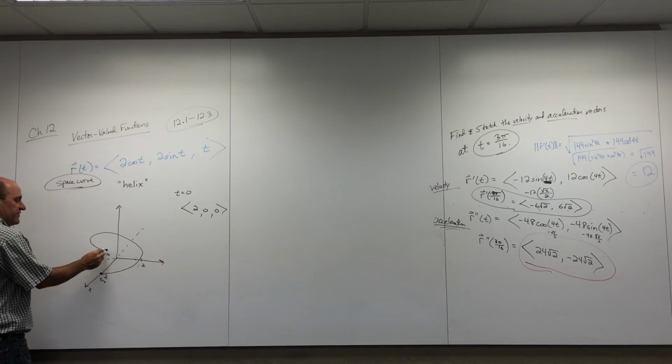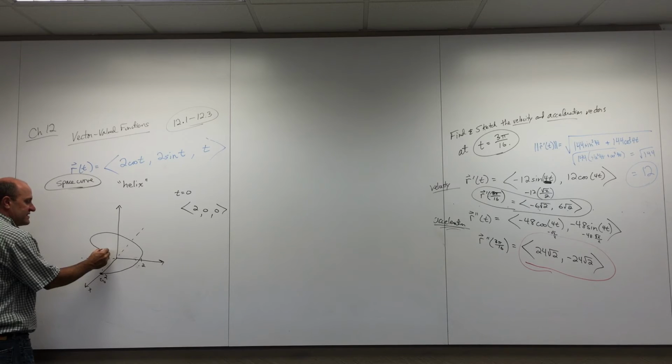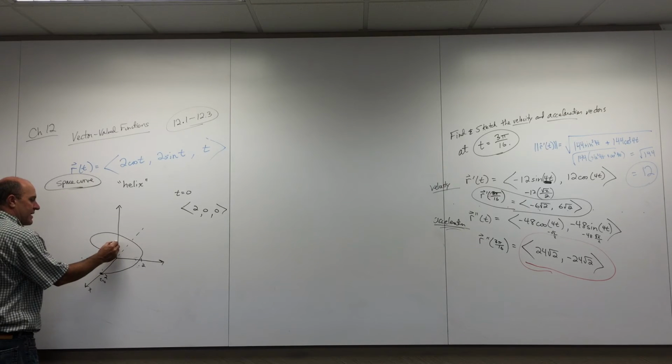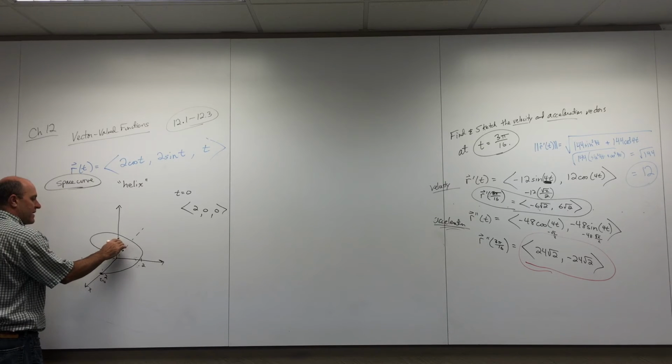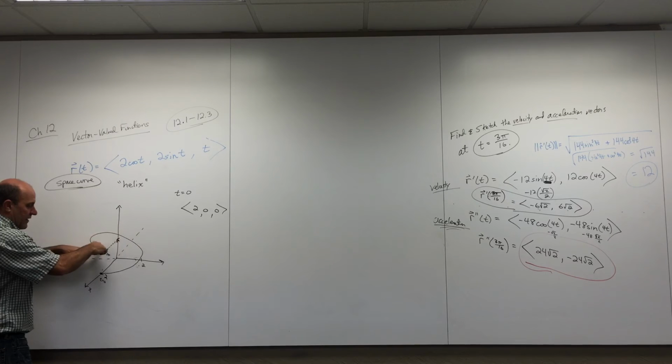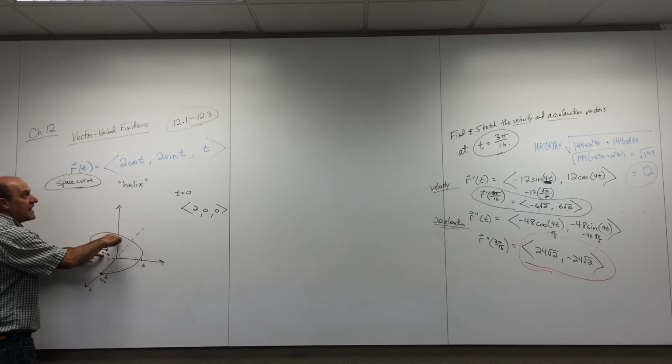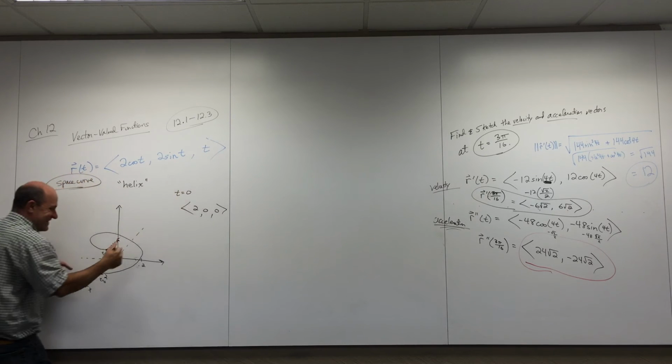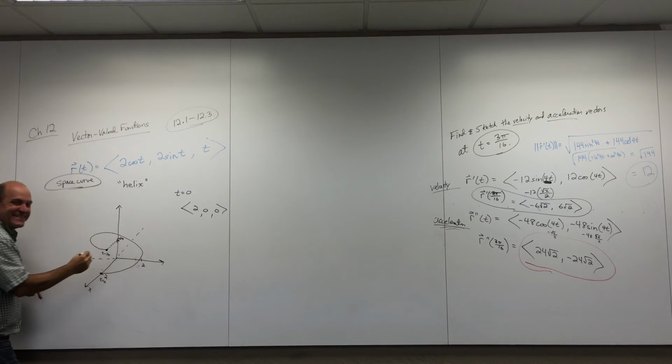Hey, if t does equal 2 pi, then what's the z value here? What height am I at here? Well, it took me t equals 2 pi to get here. So what's my z height when t equals 2 pi? 2 pi. You guys okay with that? Yeah. So my picture's a little distorted.